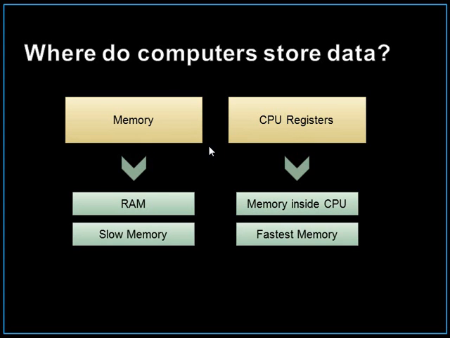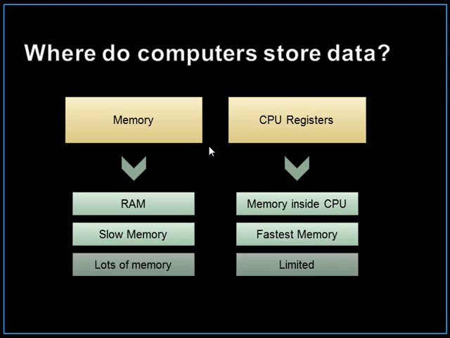Now RAM is slow memory because it is contained in a different chip. CPU is in one chip and RAM is in another chip, so it takes time for the signals to flow between them. Now CPU registers are directly contained inside the CPU, so they are the fastest memory available.